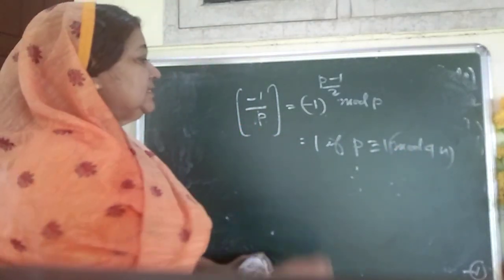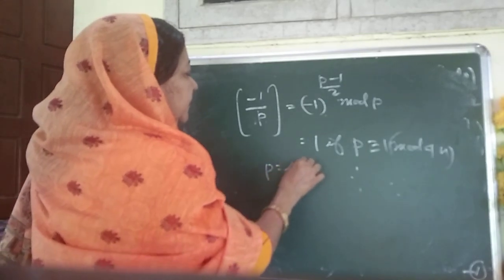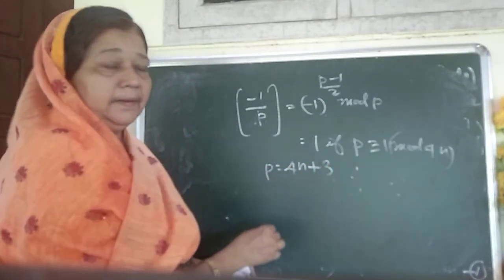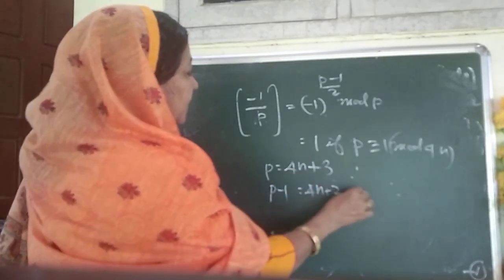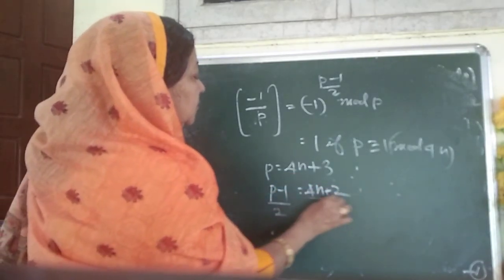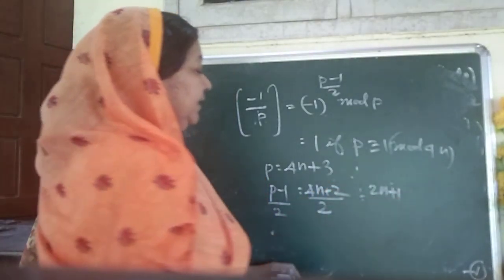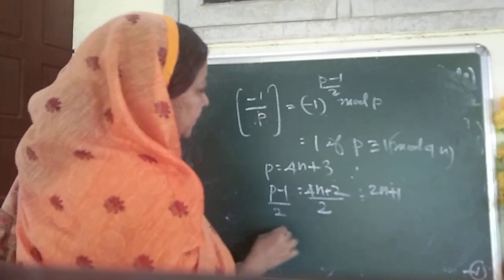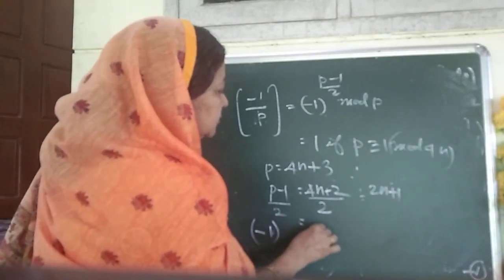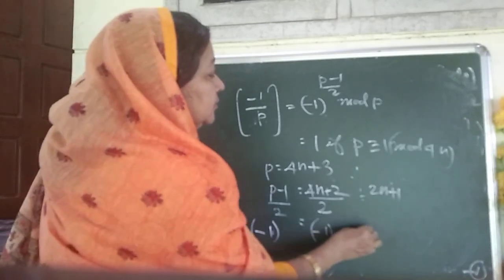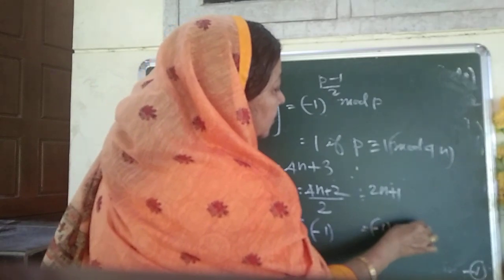Similarly, we can see that if p equals 4n plus 3, then p minus 1 equals 4n plus 2. Therefore, (p minus 1)/2 equals 2n plus 1. In this case, (-1) raised to (p minus 1)/2 equals (-1) raised to 2n plus 1, which equals -1.